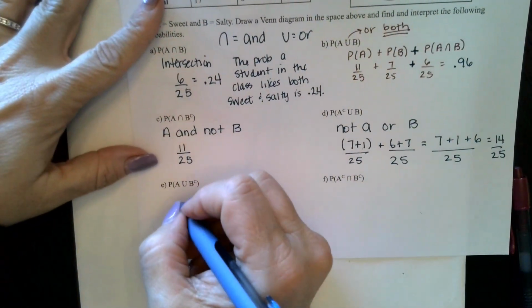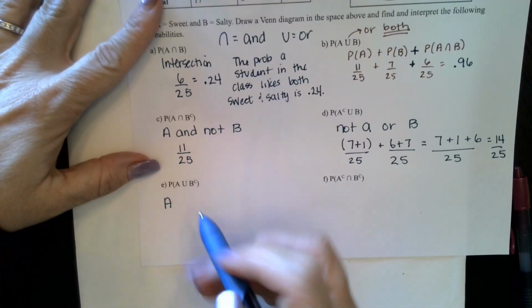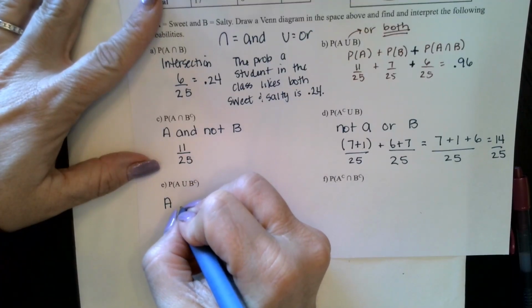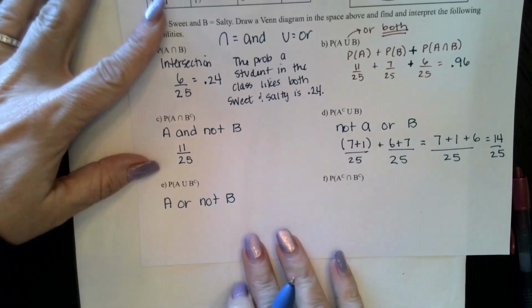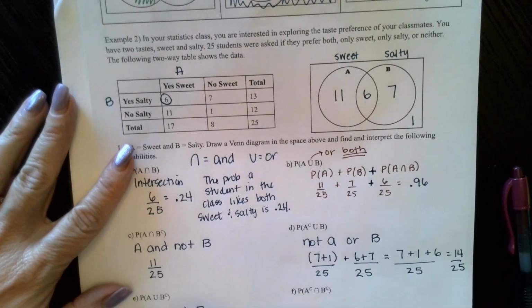Okay, so this says the probability of A, and I have an or, so probability of A or not B. So my probability of A is going to be 11 over 25.